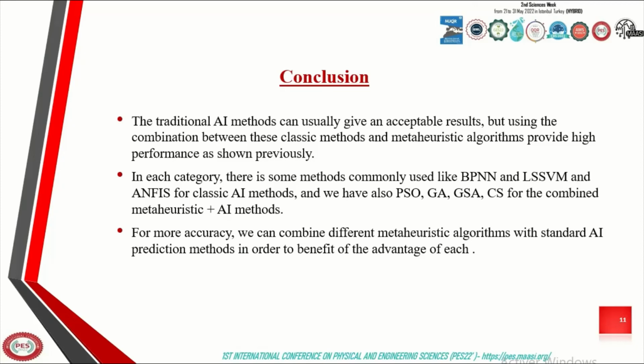In each category, there are some methods commonly used like BPNN and LSVM for classic AI methods, and we also have PSO and GA for the combined meta-heuristic and classic artificial intelligence methods. For more accuracy, we can combine different meta-heuristic algorithms with standard artificial intelligence prediction methods in order to benefit from the advantages of each one. Thank you for your attention.